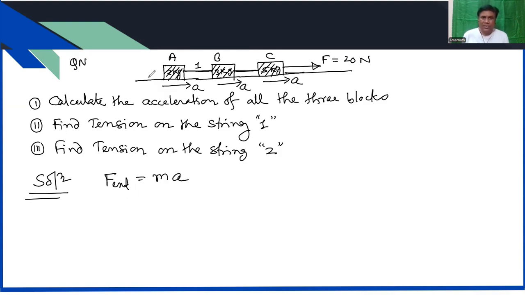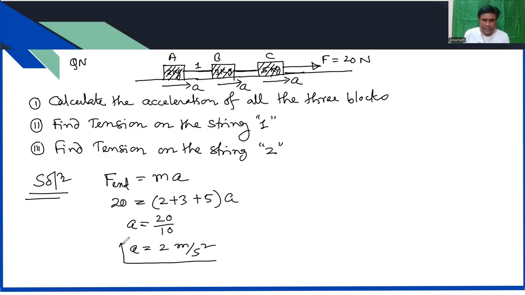For the whole system there is no force from the back side, only on the right side there is a force, that is 20, and total mass is 2 plus 3 plus 5. Total acceleration is a, so acceleration is found out to be 20 by 10. So acceleration is 2, unit is meter per second square, SI unit of acceleration. So the first question's answer is found.